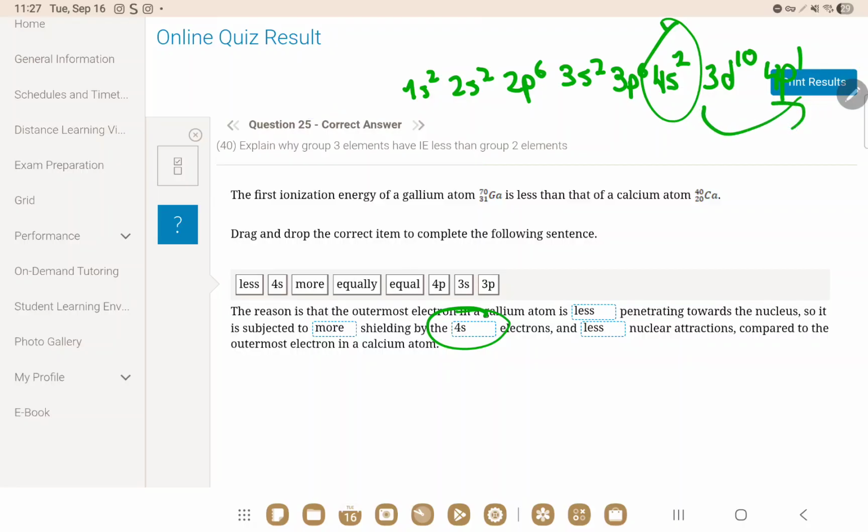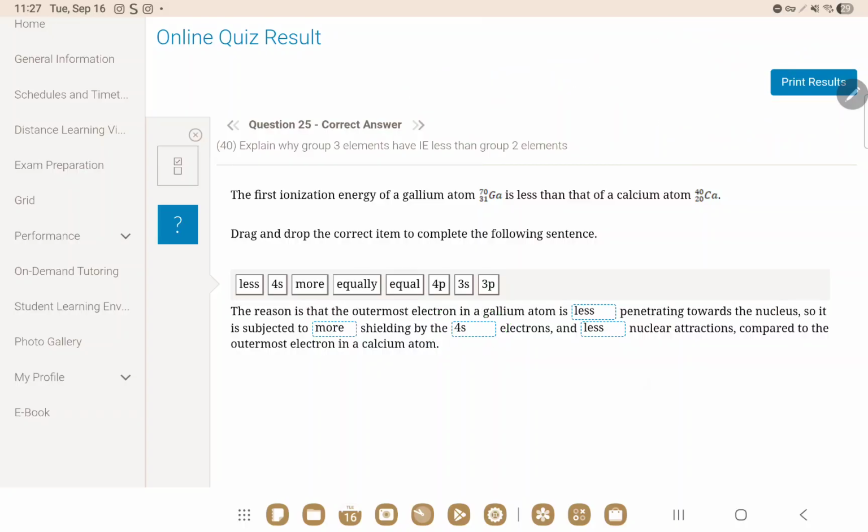It has more electrons and is further out, and it has less nuclear attraction because the valence electrons are further away from the nucleus. Calcium is just the same as this till here, so 4s is your last thing. It isn't shielded. It is the shield.